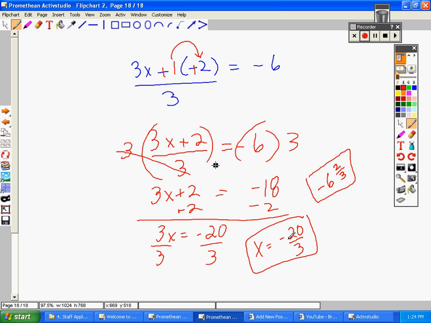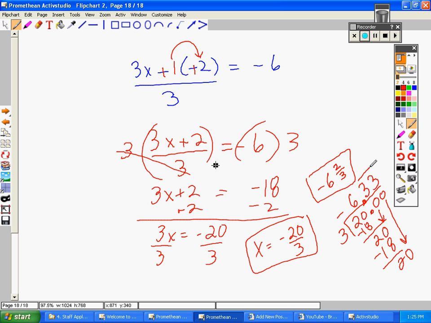Remember, if the fraction's negative, the mixed number is going to be negative. Or you can go ahead and do 20 divided by 3, and that would be a negative. If you want to do a decimal, you can add a 0.0. So it goes in 6 times, remainder of 2, bring down the 0. 3 goes into 20 6 times, remainder 2, add a 0, and you're going to notice that it's going to repeat.